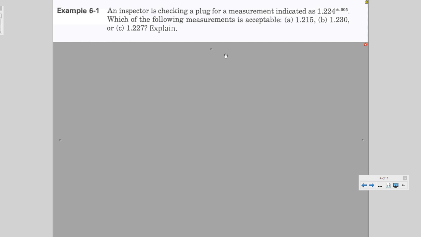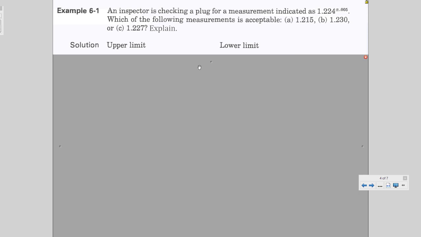So an inspector is checking a plug for measurements, and the part is given as 1.224, and it has a plus or minus. That one looks like this right here, that's a plus or minus of 0.005, and you have to determine if these 3 measurements are acceptable, and then you have to explain why. So first, you start off the same way we did before.